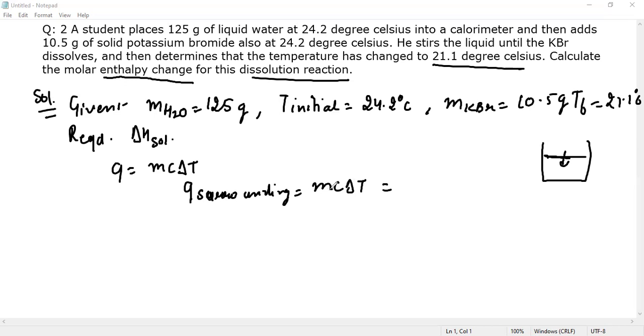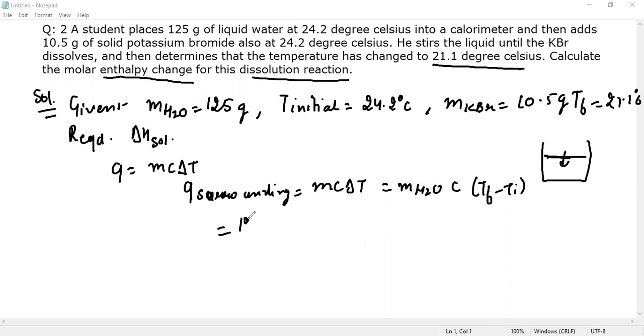Here you will take the mass of water, so I'm going to write m H2O, the specific heat of water, and the change in temperature that is related to the water, right? Instead of delta T, it will be better to write T F minus T i. So what is the mass of water? It's 125 grams.